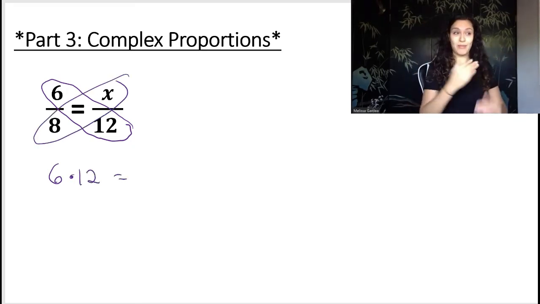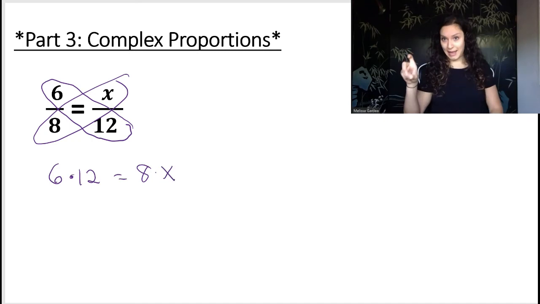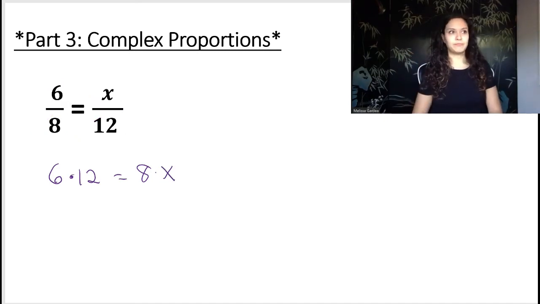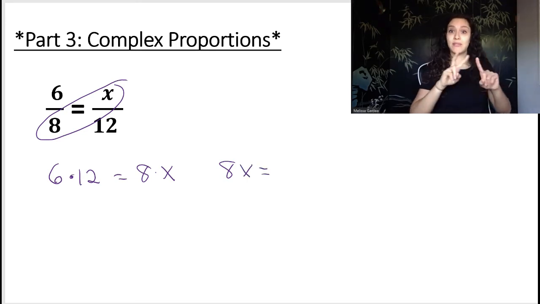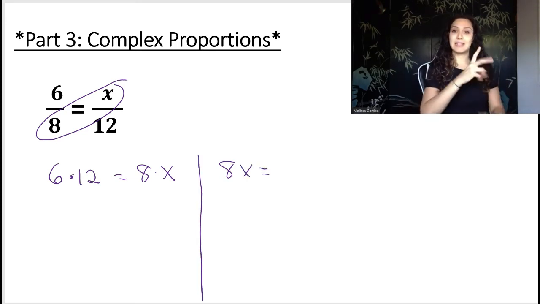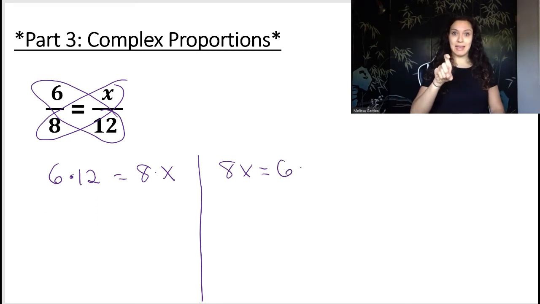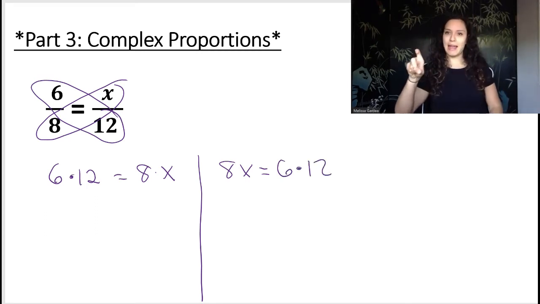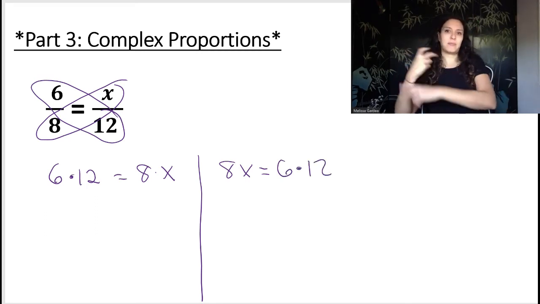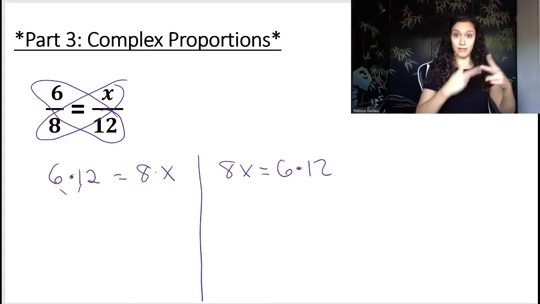equals 8 times x. And if you wanted to do it the other way and say, okay, 8 times x first, because what if you like your variables on the left? Equals 6 times 12. It doesn't matter. You'll still get the same answer. Because look, 12 times 6 is 72.